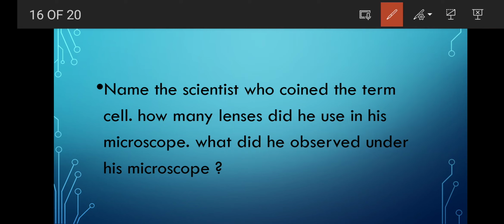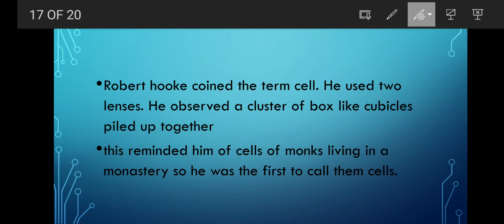Name the scientist who coined the term cell, and how many lenses did he use in his microscope, and what did he observe. Clear? So three questions are here. First, name the scientist who coined the term cell, then the lenses, and then the observation. So all three you are getting here.